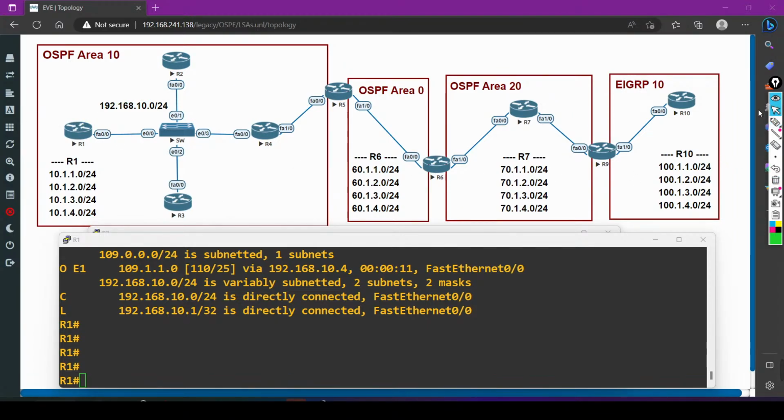Now, what is the difference between E1 and E2? See, whenever you redistribute, if we configure E2, then it will show the seed metric, not the actual cost.